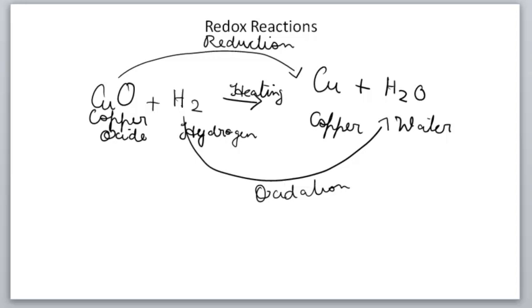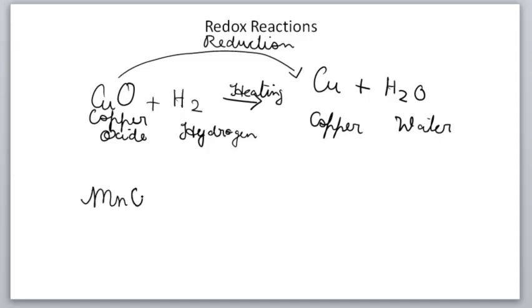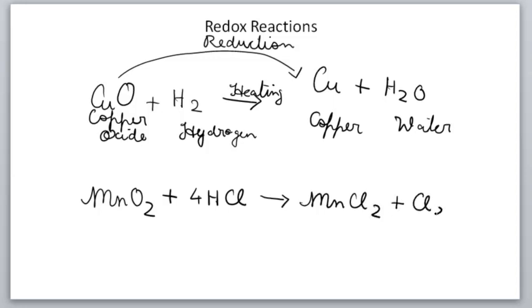Now let's look at another example, which is MnO2 plus 4HCl becomes MnCl2 plus Cl2 plus H2.